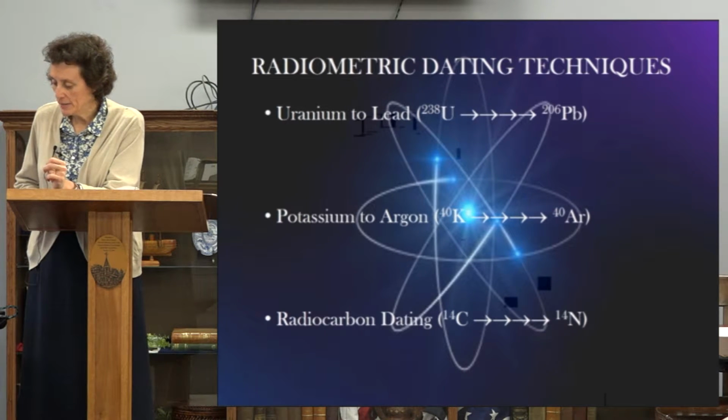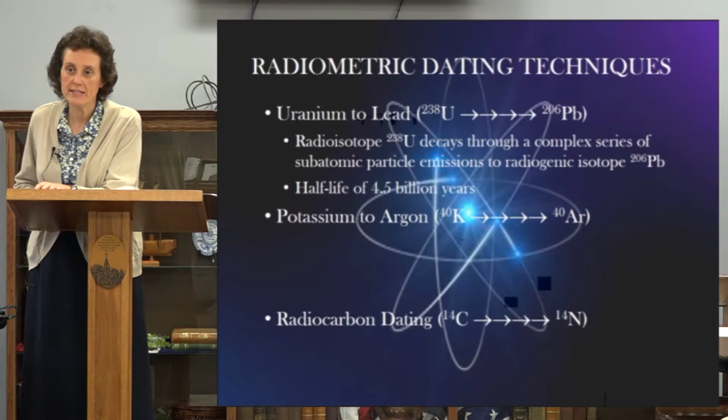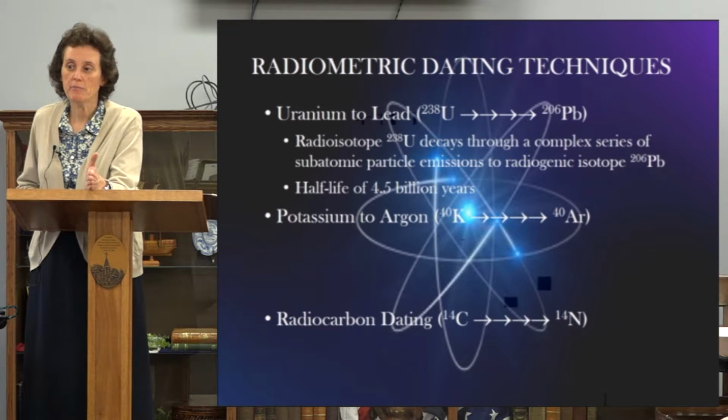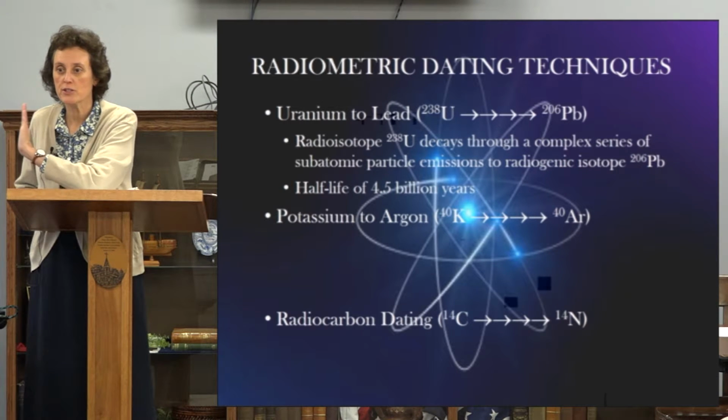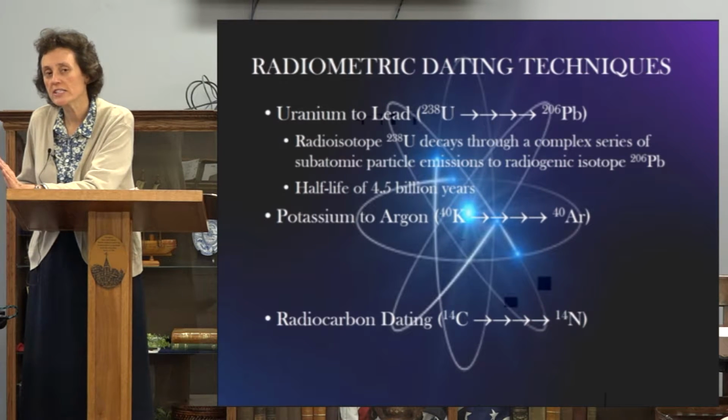This one is uranium-238, and it goes through a complex series of subatomic particle emissions to its final radiogenic isotope, which is lead. Remember, lead is Pb. So we decay from uranium with an atomic mass of 238 through a series of other isotopes until we end up with the final product, the stable radiogenic isotope, lead, atomic mass of 206.